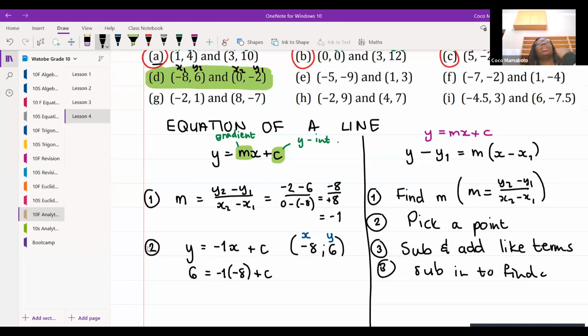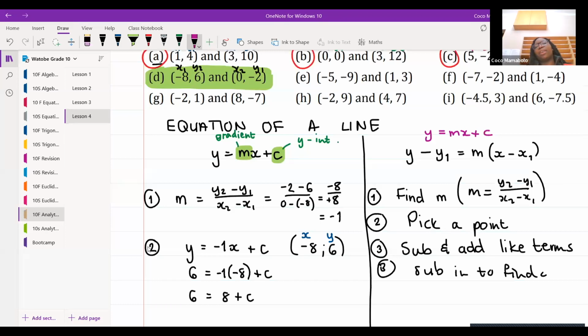Plus c. Good. Now let's clean it up a little bit. I'm going to get 6 is equal to 8 plus c. I want to solve for c. What do I then do? You're gonna say c is equal to 8 minus 6.